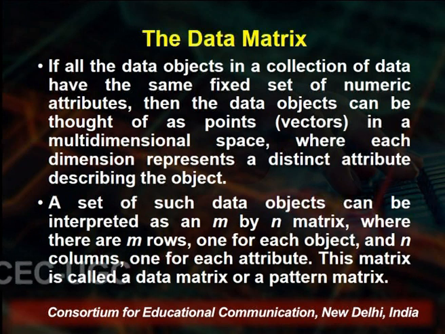These are actually a multi-dimensional space, and because it is a matrix, an m by n matrix means it will have m rows and n columns. This is called a pattern matrix or data matrix. It is called a matrix because matrix functions can be applied to this kind of data.